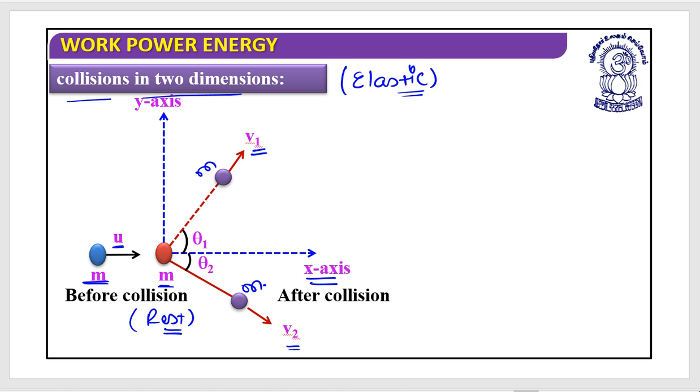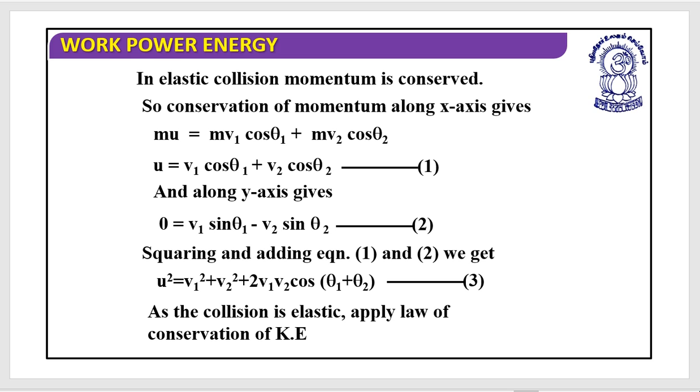Now how should I deal with this? What could be done? Every time momentum is conserved, and it is the same case here. So in elastic collision, momentum is conserved. Shall I make a diagram?